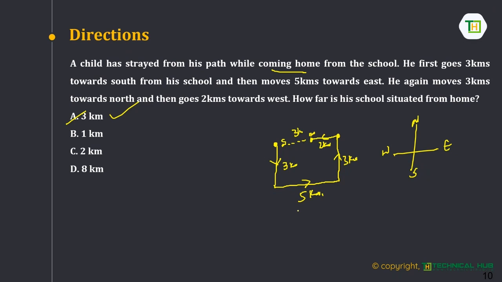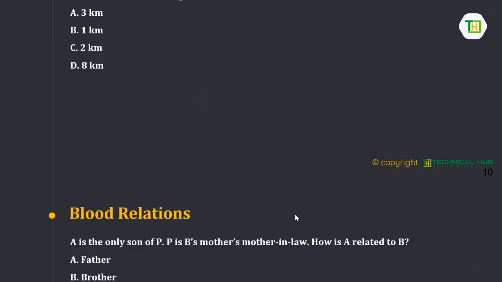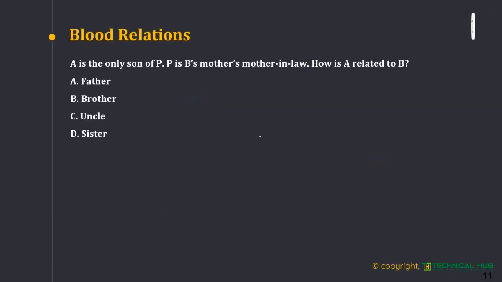Coming to blood relations, which some students asked about. A is the only son of P. So A is male, taken as plus indication. And P is B's mother's mother-in-law.